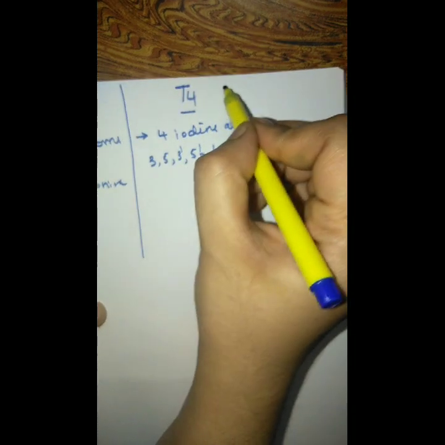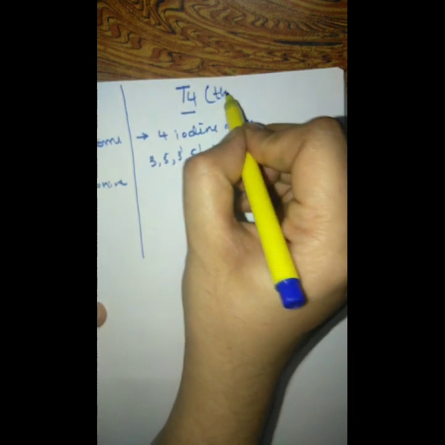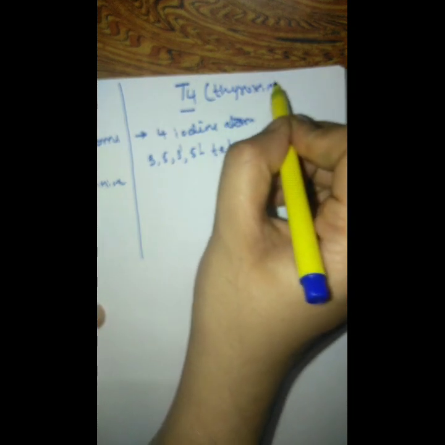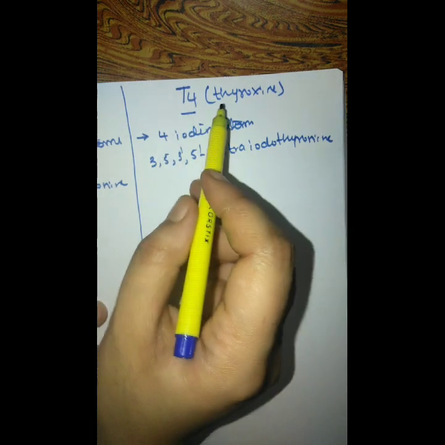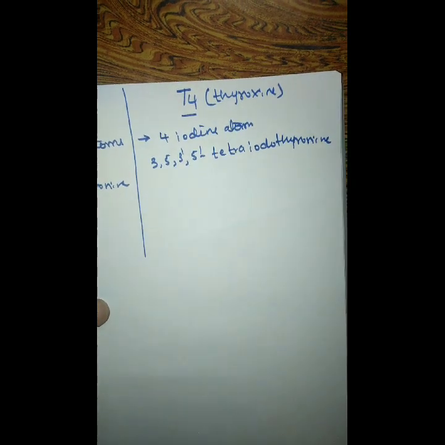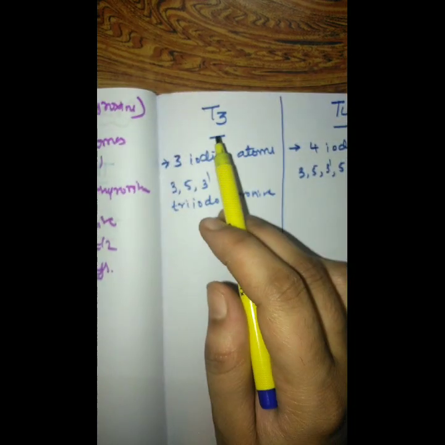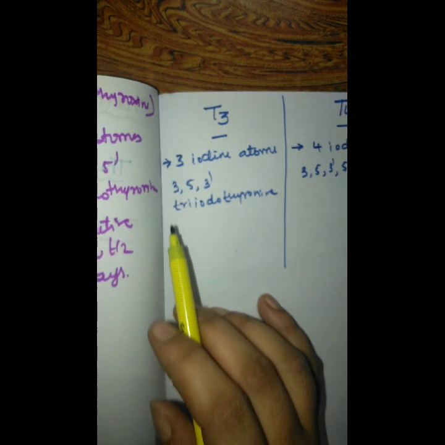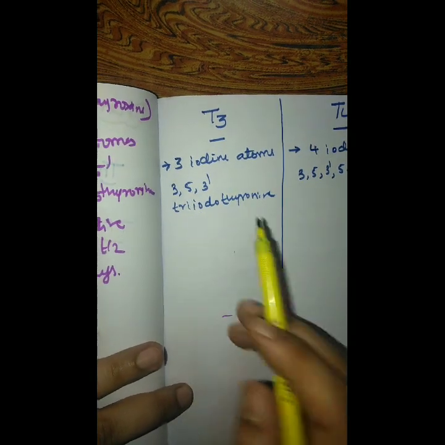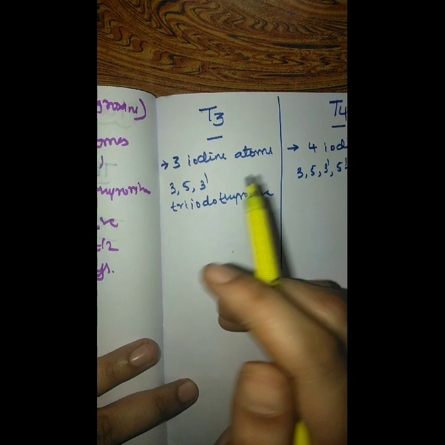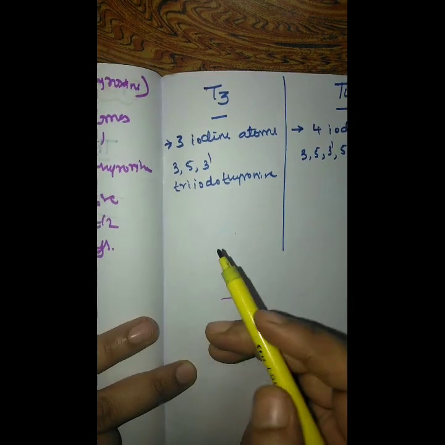And T4 is also known as thyroxine. So if you say T4, or thyroxine, or 3, 5, 3 prime, 5 prime tetraiodothyronine, all mean one and the same. Whereas T3 chemically is 3, 5, 3 prime triiodothyronine. So this is the chemical structure of your T3 and T4.